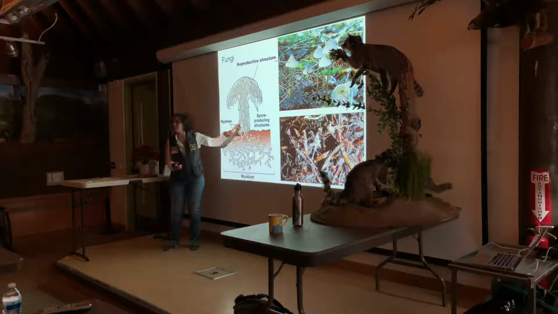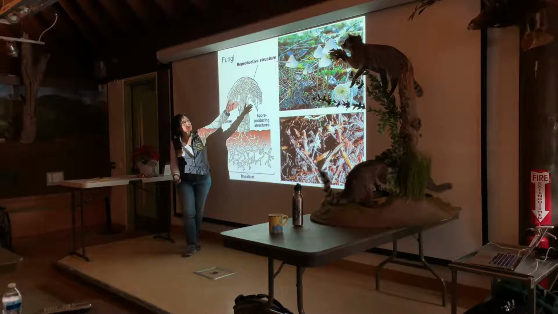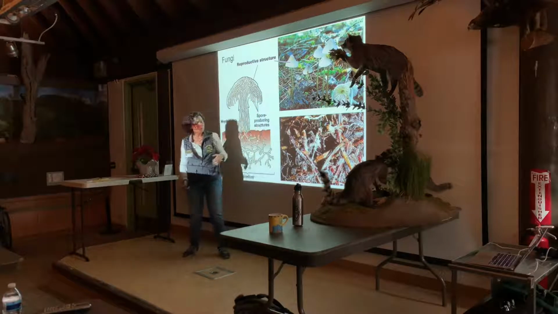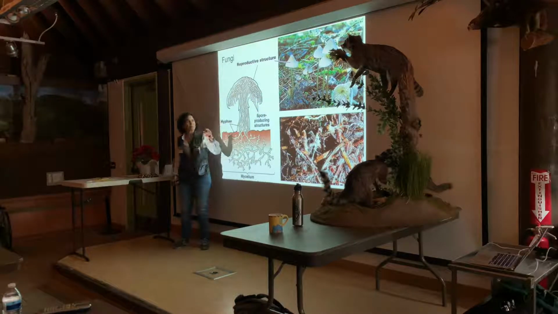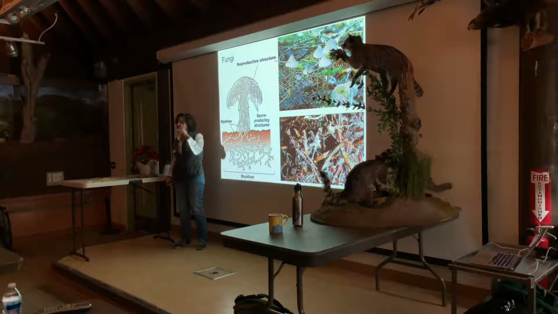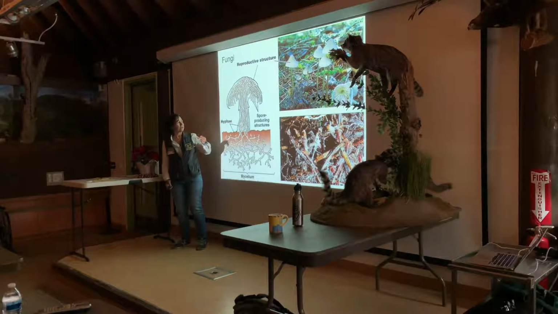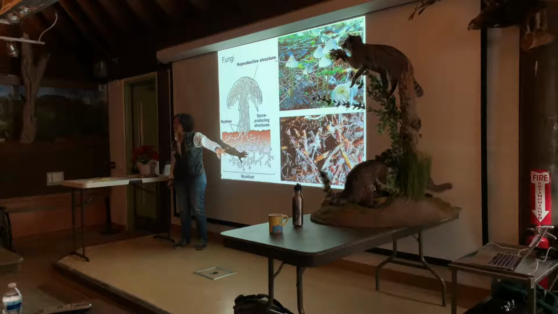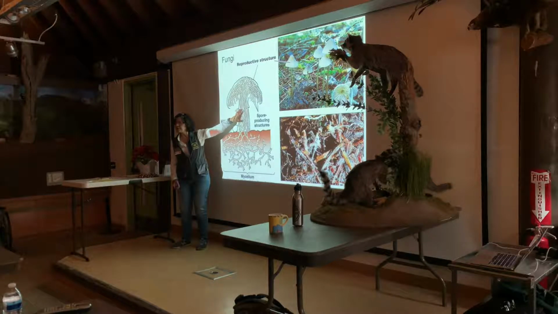But we do see a lot of fungi, right? You'll see fungi in the park, beautiful little mushrooms, and we see some that stick around longer. I'll point some out on our walk today. The thing to know about mushrooms is that mushrooms are like the flowers of the fungi. The mushroom is the fruiting body, right?